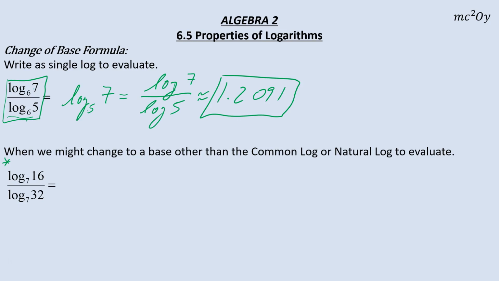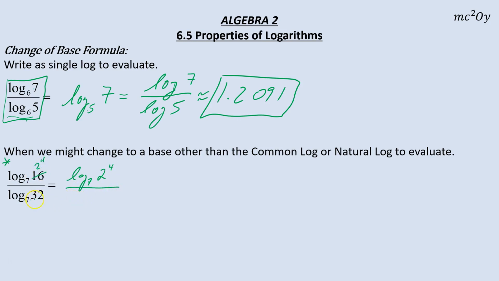So when might we use a base other than a common log or natural log? Well, when I look at this, log base 7 of 16 and log base 7 of 32, I look at that and I go, hold on, 16 and 32, those are both base 2. So I could think of this as log base 7 of 2 to the 4th power. Right? 16 is 2 to the 4th.